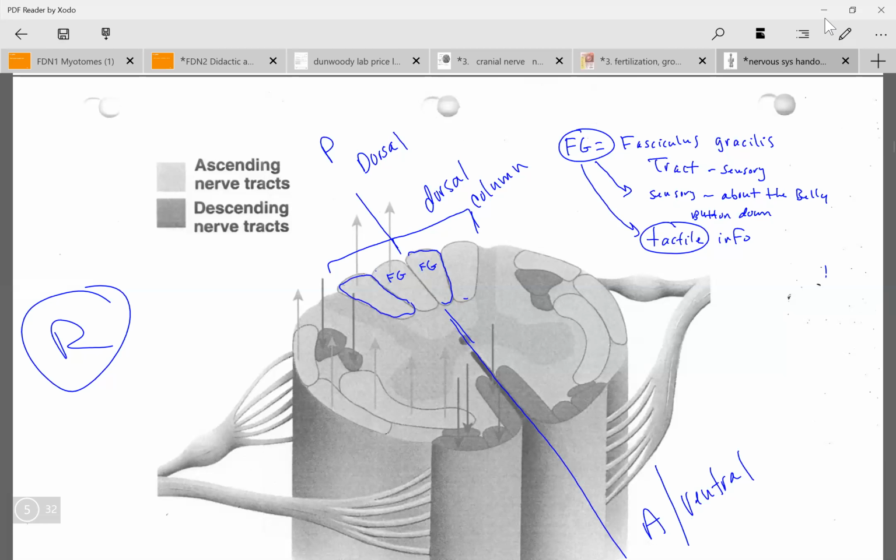It's still part of the dorsal columns. It's more lateral to the midline, so it's the more lateral column, and that is the FC. That's the abbreviation for it, and that stands for the fasciculus cuneatus.